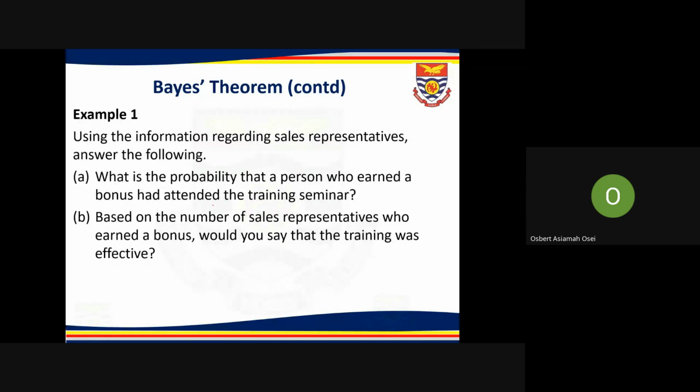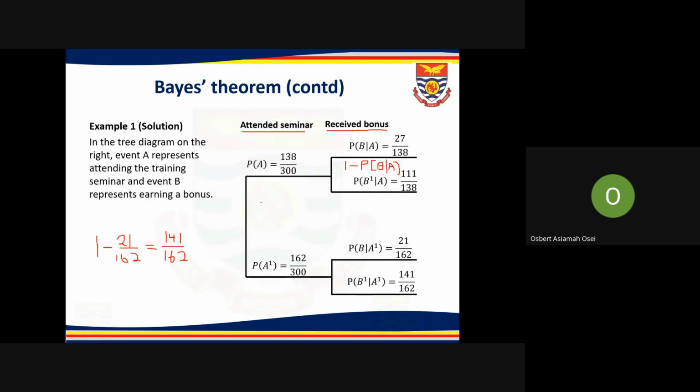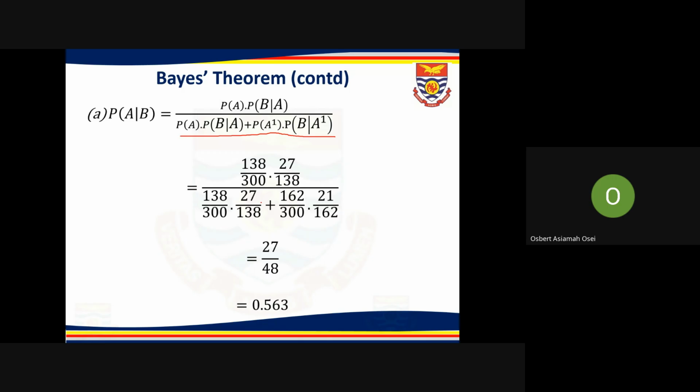That means P of A, given that the person earned the bonus. Sorry, attended. P of A, given that B had already occurred. So to set that one up, we now substitute what we got from the tree diagram.